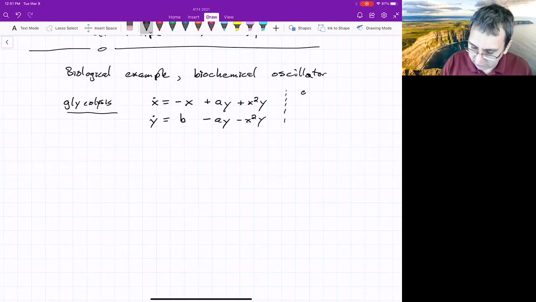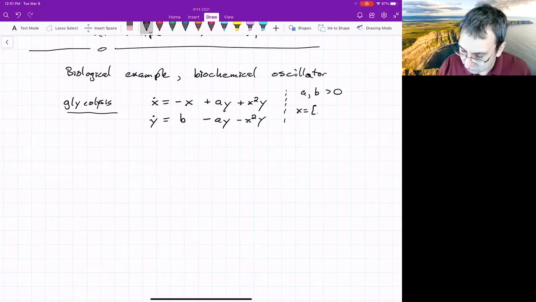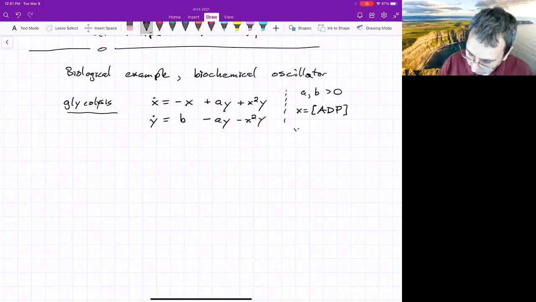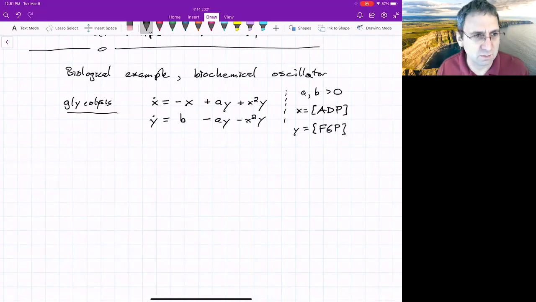And here a and b are both parameters. They're kinetic parameters that are greater than 0. This is a chemical reaction rate equation. Here x is a non-dimensionalized version of the concentration of ADP, not the more famous ATP. This is adenosine diphosphate. And then y is the concentration of F6P, fructose 6-phosphate.